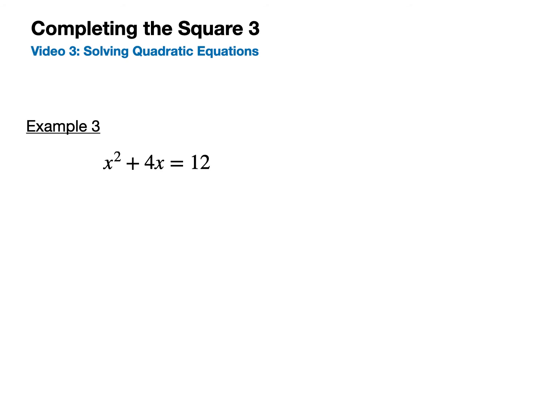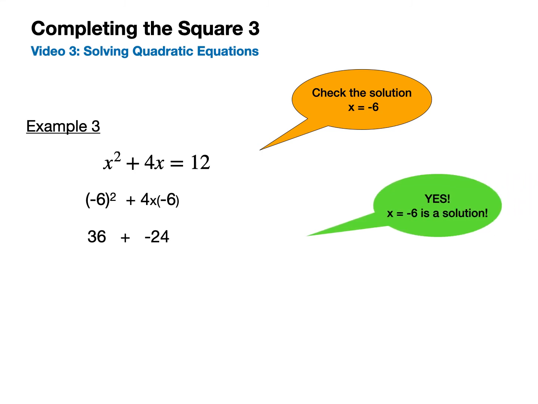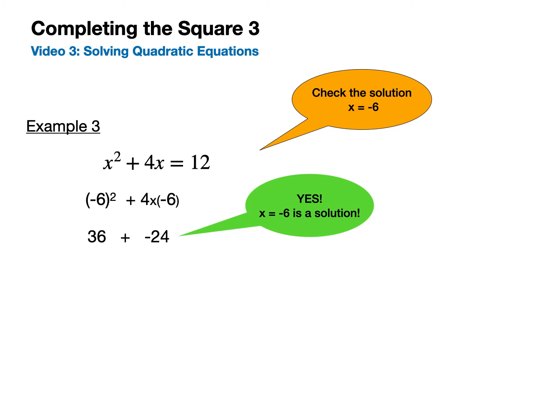And now x equals minus 6. Minus 6 squared is 36. 4 times minus 6 is minus 24. Put them together, and yes, I do get 12, so x equals minus 6 is a correct solution.